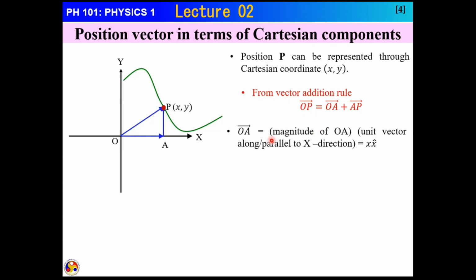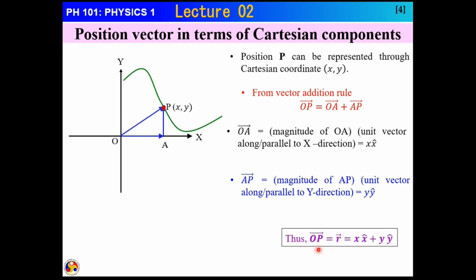OA is a vector having magnitude equal to OA and the unit vector along the x direction. AP is another vector whose magnitude is AP and the direction is along the y direction.